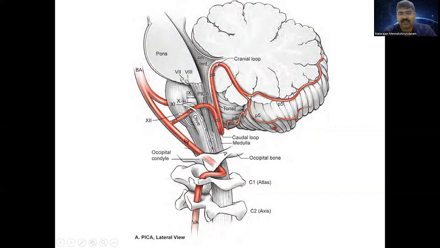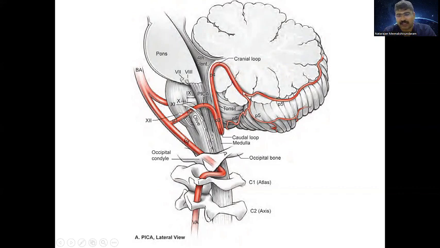This is called the telovelotonsillar segment. So the cranial loop is at the P4 segment and the caudal loop is at the P3 segment.